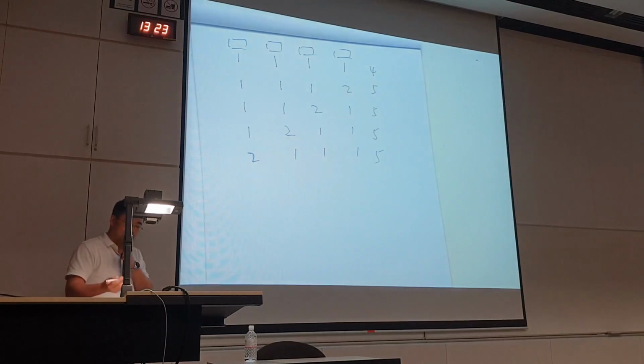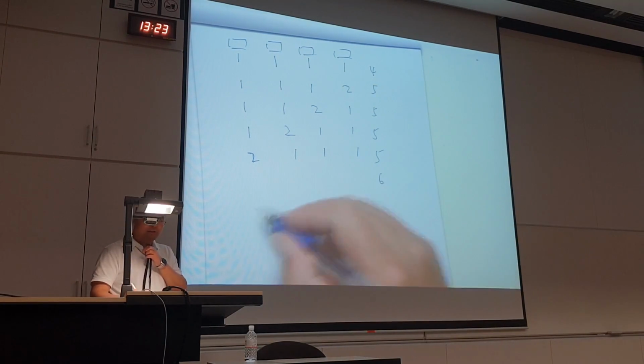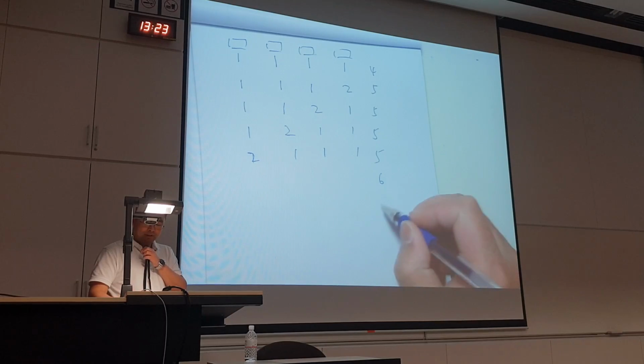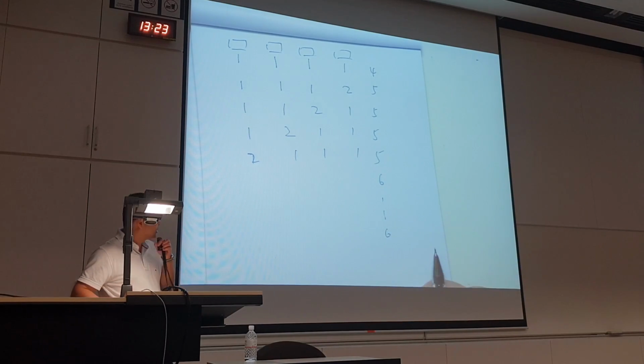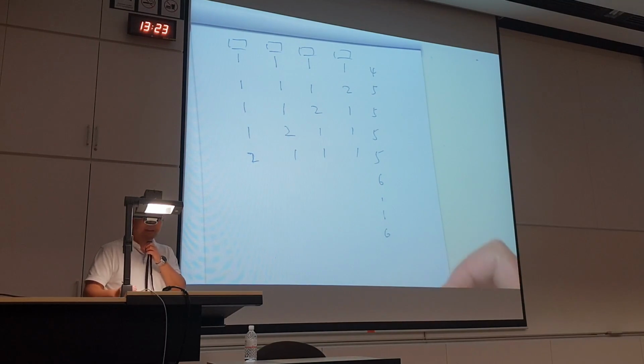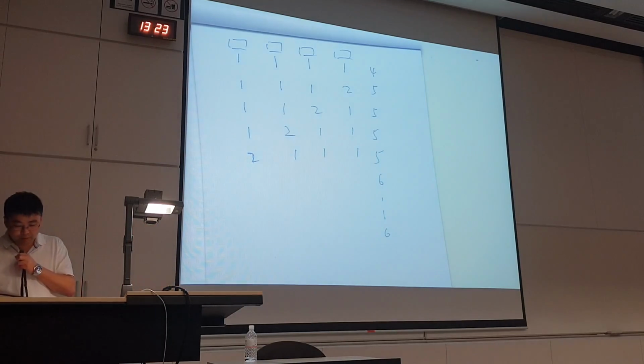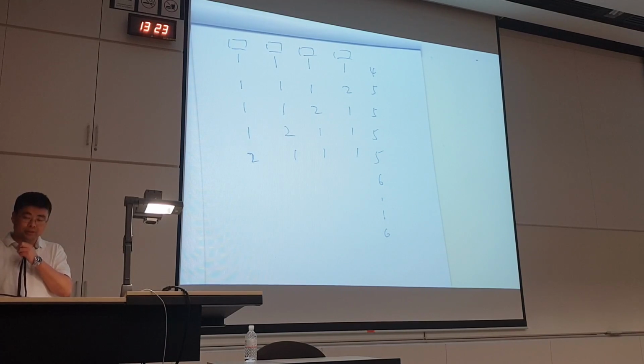And how about 6 hashes? You will have even more possible cases. So the number of cases will increase, and the maximum number of possibilities appears at the expected value, which is 10.